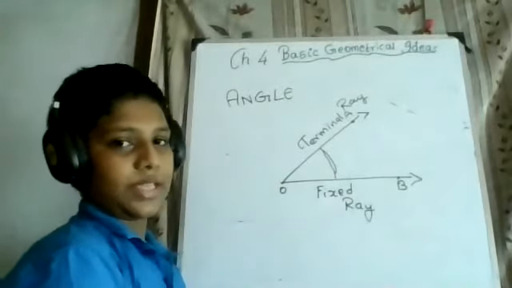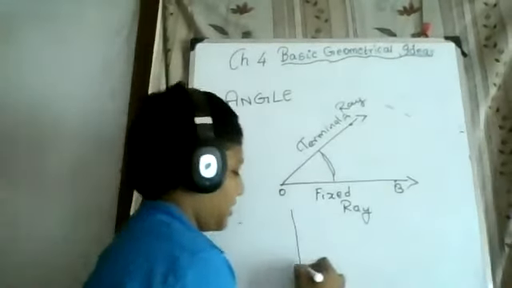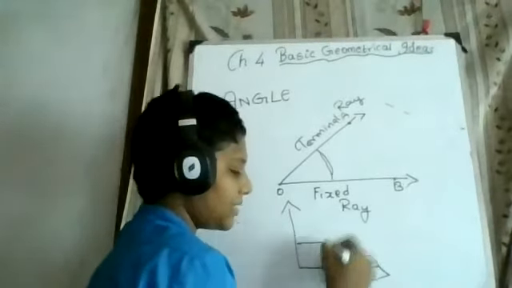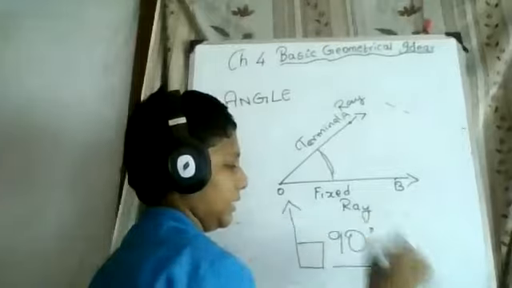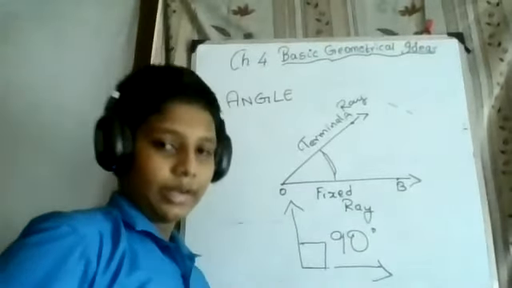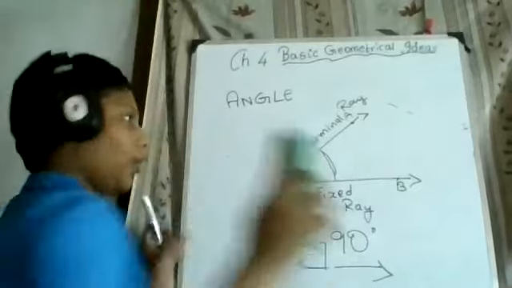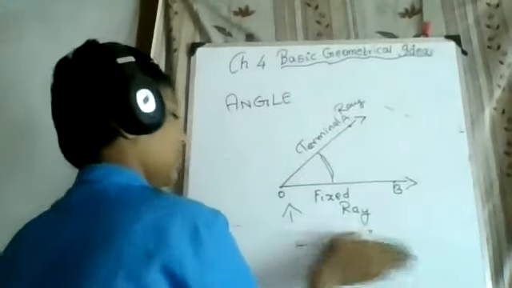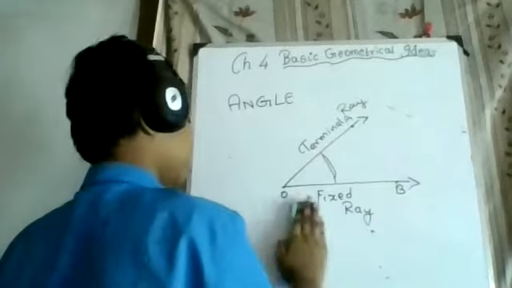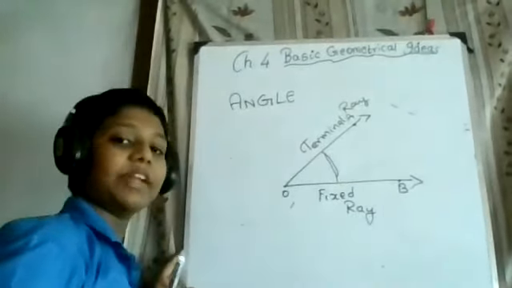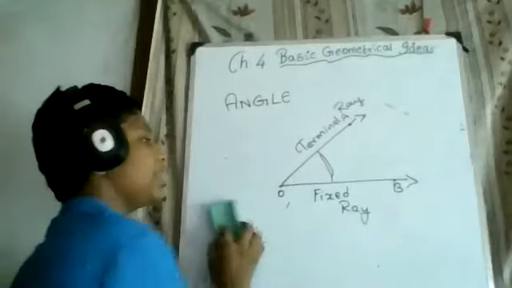Okay, if the two rays are like this, the angle formed is 90 degrees. Like that we have some measures also. Now, what is an angle? An angle formed by the fixed ray with the moving terminal ray is known as an angle.